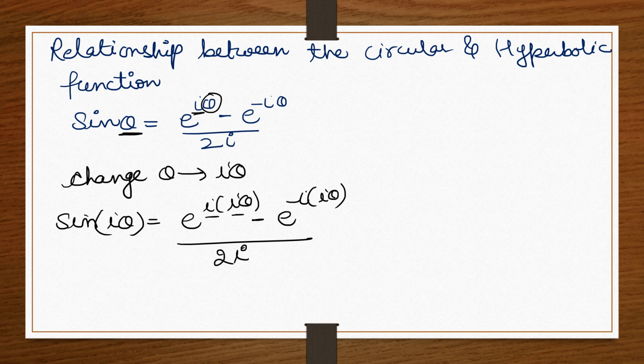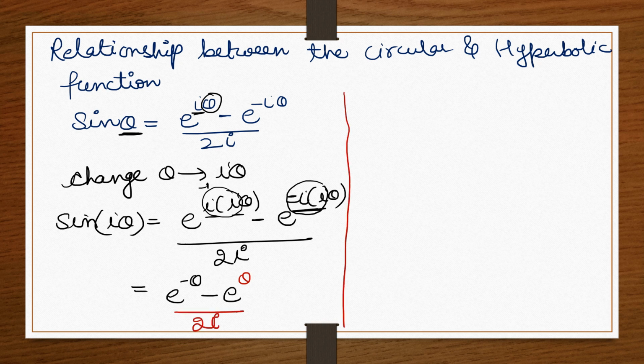Now what is iota into iota? Iota square is equal to minus 1. So this will be e power minus theta. And here you'll get minus iota square, that will be positive. Here we have negative iota square, so this will be positive. Okay, so this will be e power theta over 2 iota.